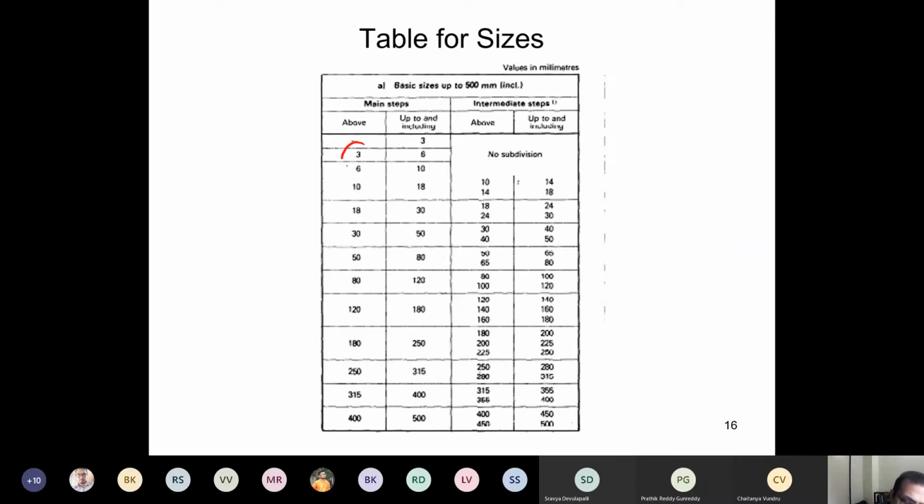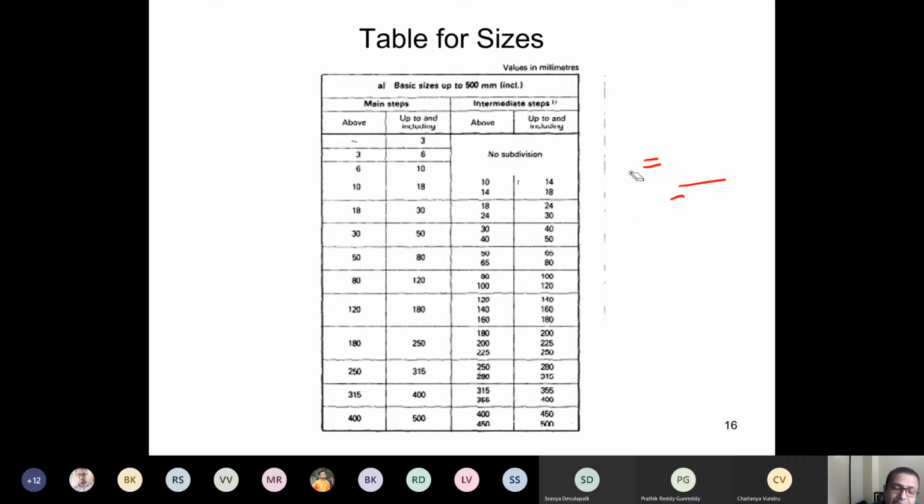If it is 5, it lies between 3 and 6, so D is root of 3 times 6, which is 4.24. So for a 5 mm diameter we use 4.24. If it is 10, it falls in the 6 to 10 range, so you use root of 6 times 10. So that's how you decide your D.